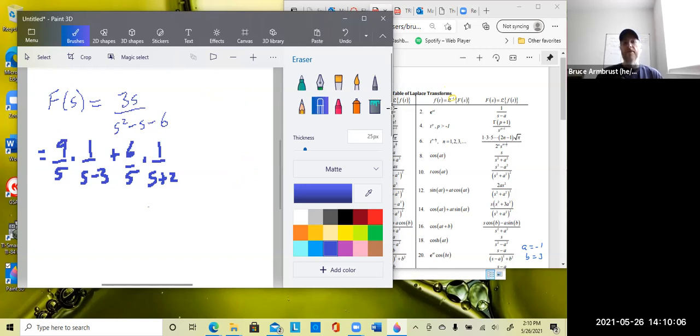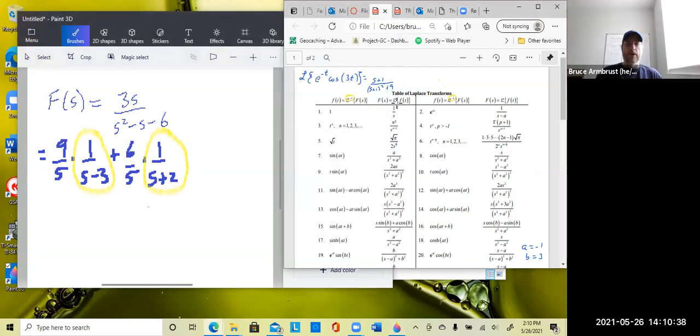Now, in this form, it's a little bit easier to spot things that have these Laplace transforms. So the 9/5 and the 6/5, those are scalar multiples, so they're just going to go along for the ride. They don't actually have anything to do with this. So what we really want to concentrate on are these guys.